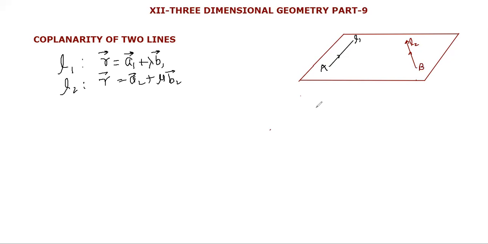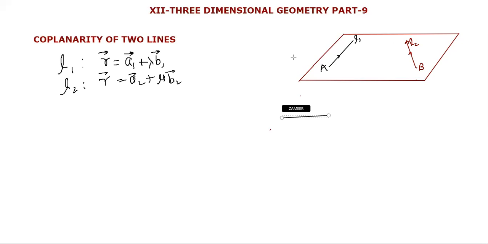Then it is a Cartesian coordinate system, 3D system, so we have to take the x, y, and z axis. Someone asks: what is the difference between skew and coplanar lines?